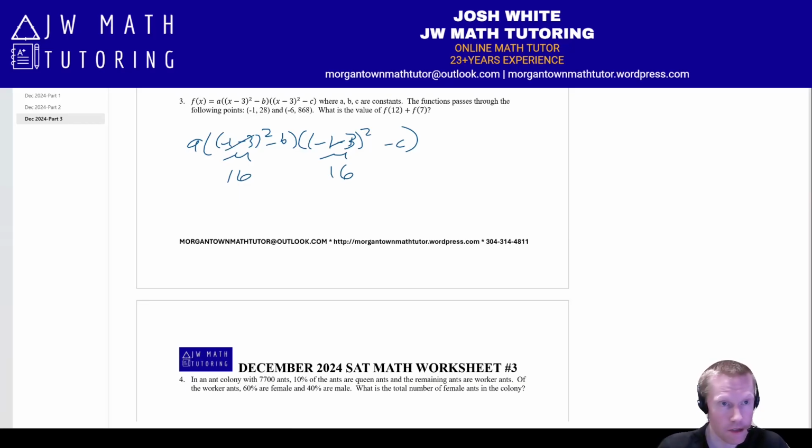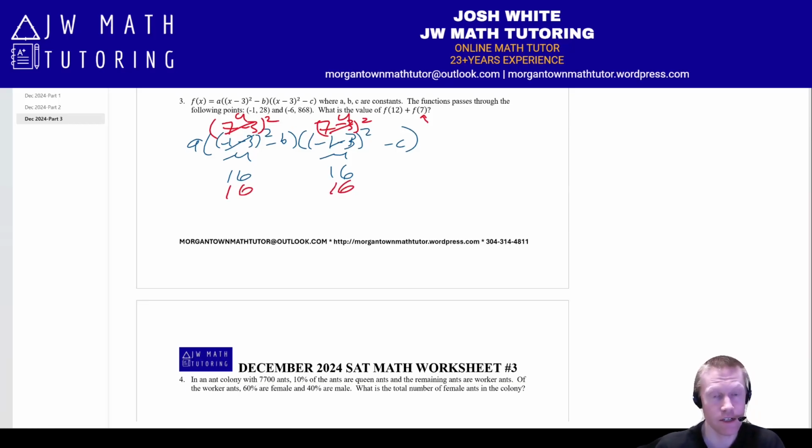Now, let's say I wanted to plug in 7 for x, because it says, what's the value of f of 12 plus f of 7? So notice if you plug in 7 here, you get 7 minus 3 squared in both parentheses. What is 7 minus 3? Just 4. What is 4 squared? 16.